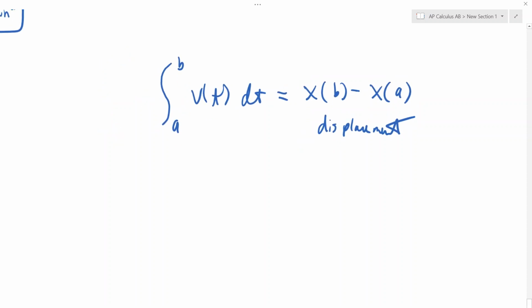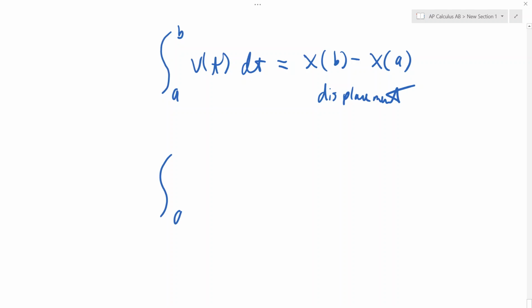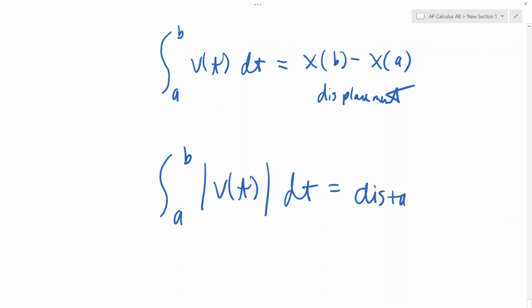If you integrate the absolute value of velocity, all that does to the velocity is it takes all the negative parts and makes them positive. So it's like you're always moving forward now, kind of. Okay? This is not displacement. What's this one? Distance traveled.